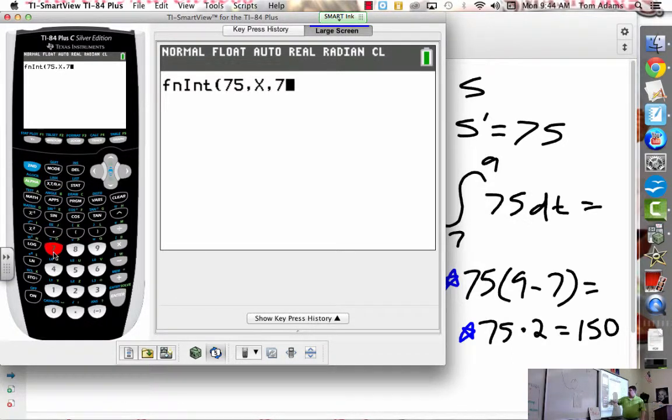So I'm going to hit comma, lower limit, comma, upper limit, 9. Just like this. Now we already know what the answer is, don't we? It should be 150, right? Yep. So now if I hit enter, guess what I should get? 150. Does that make sense? Yes.